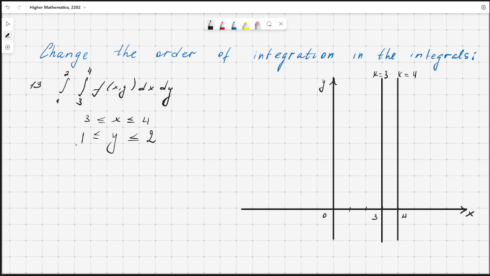Then y is 1. It is a horizontal line. The point y is 1 is in the line. And y is 2.